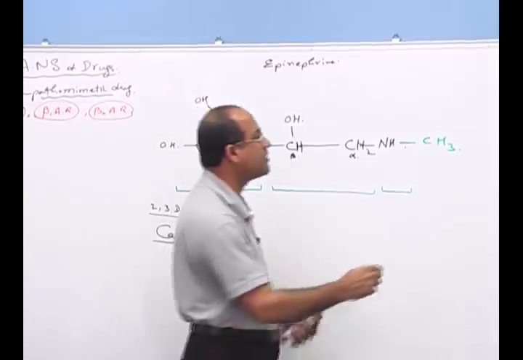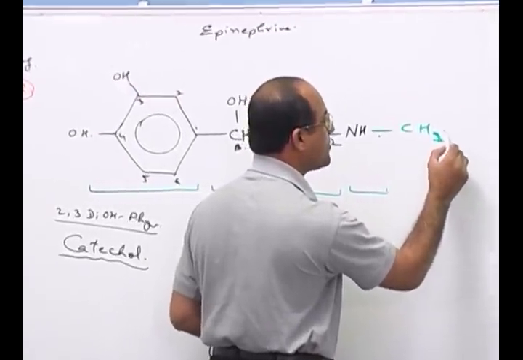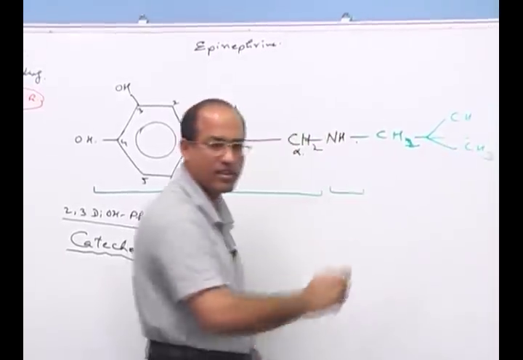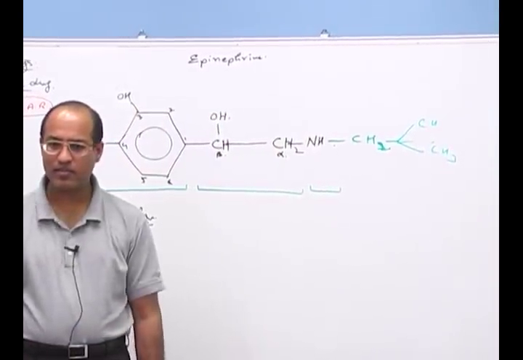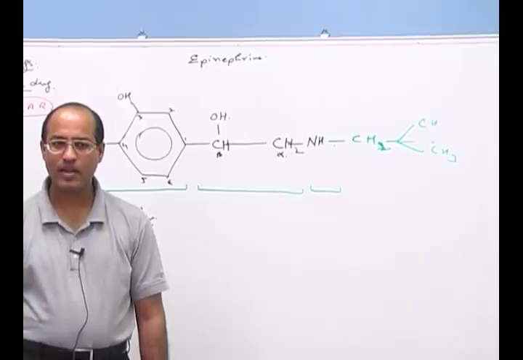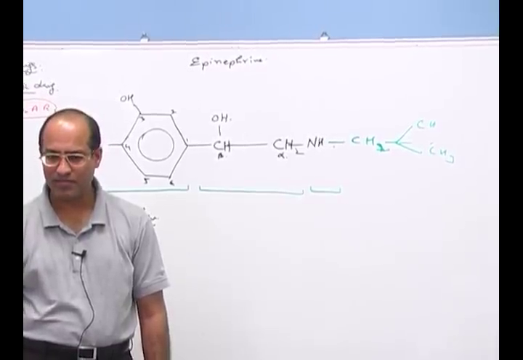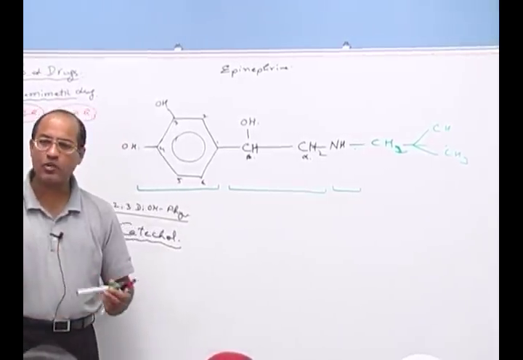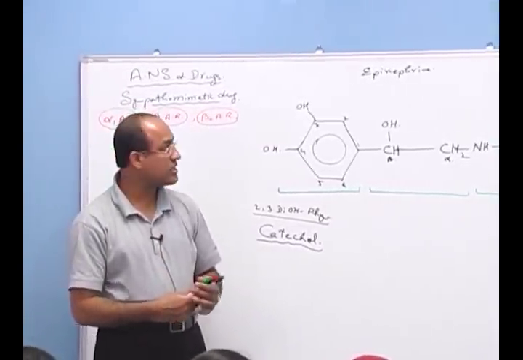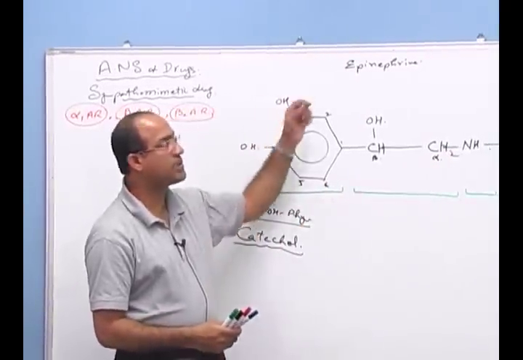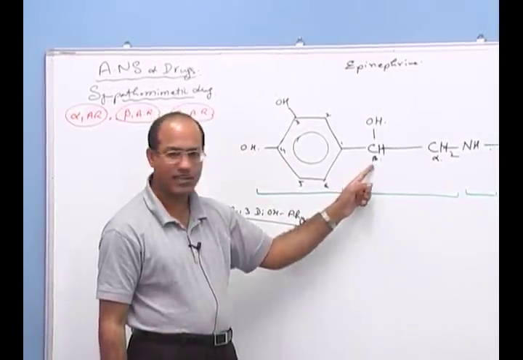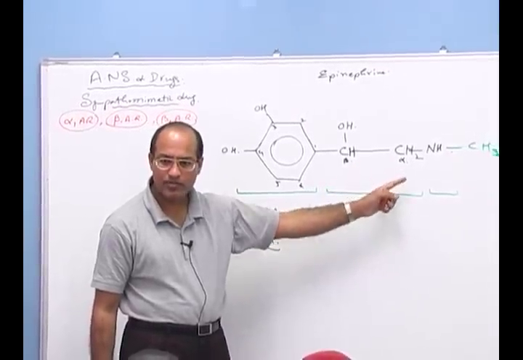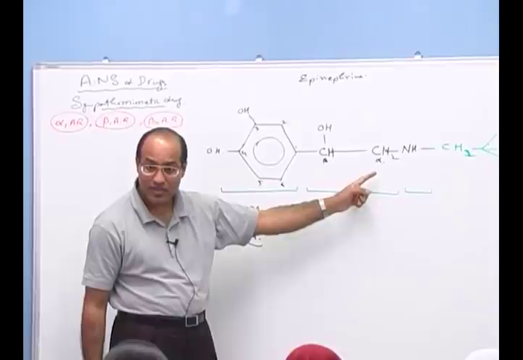And if you make this end more heavy, let's suppose more CH3, more addition, you know what it is? Isoprenaline, isoproterenol. Actually, dopamine converts into norepinephrine. Dopamine is beta hydroxylated. Have you heard of this thing? When dopamine is beta hydroxylated, it converts into norepinephrine.